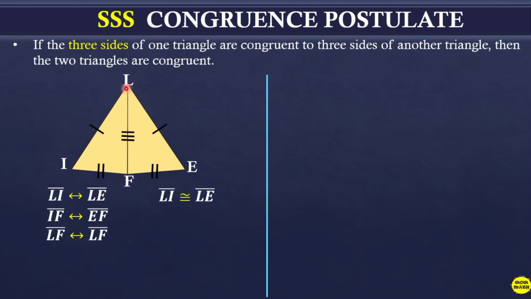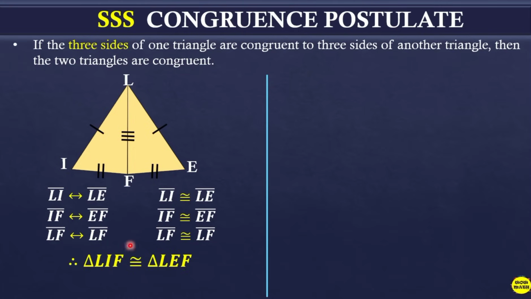Okay, so we can say that LI is congruent to LE, IF is congruent to EF, and LF is congruent to LF by reflexive property of congruence. Okay, so we can conclude that triangle LIF is congruent to triangle LEF by SSS postulate.